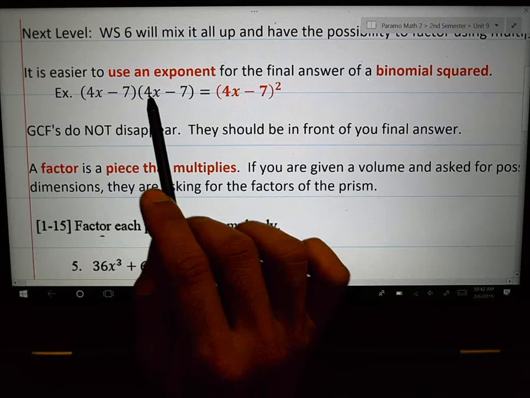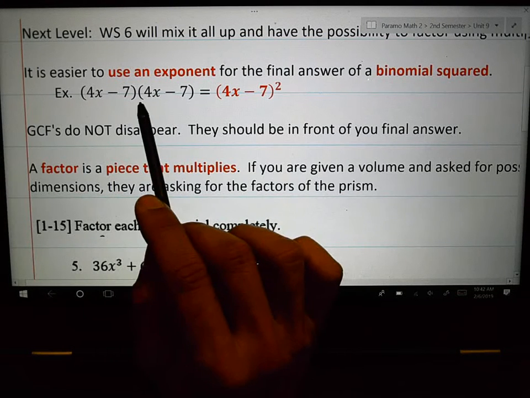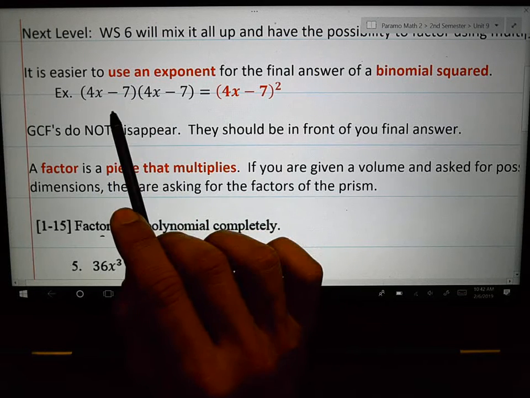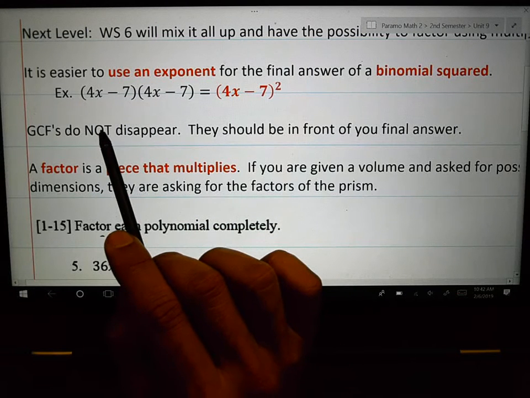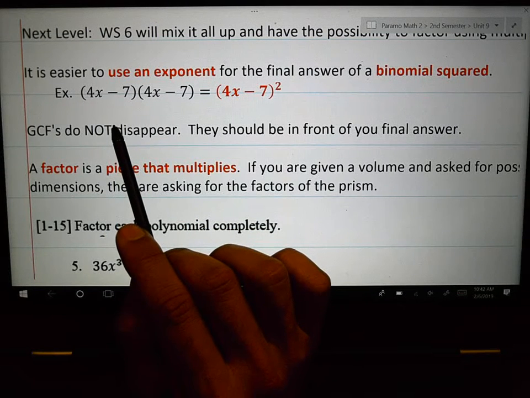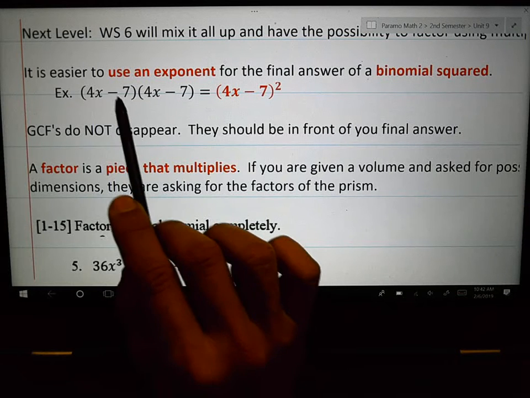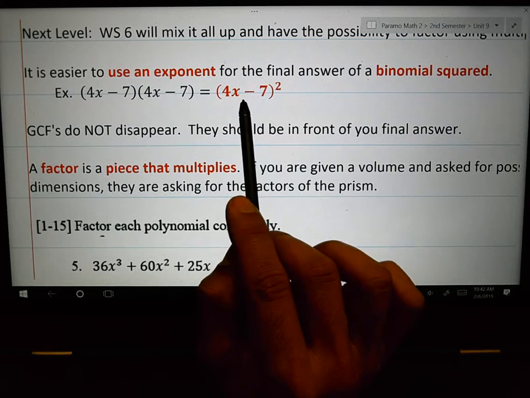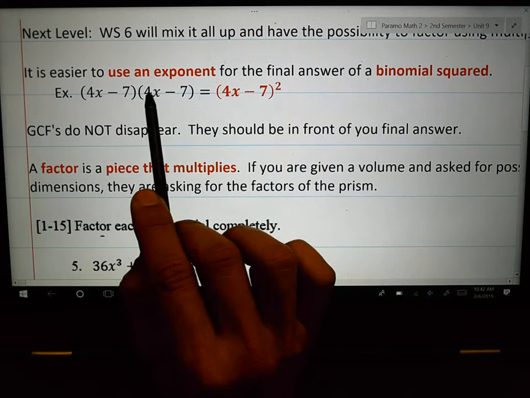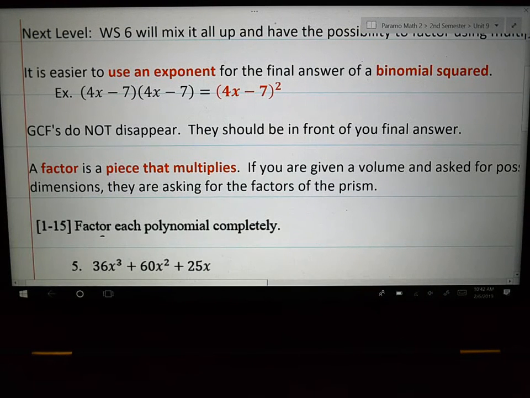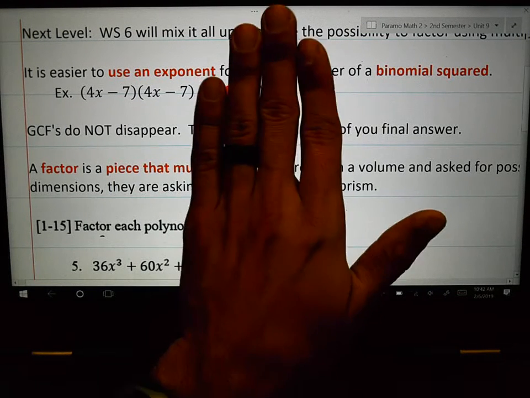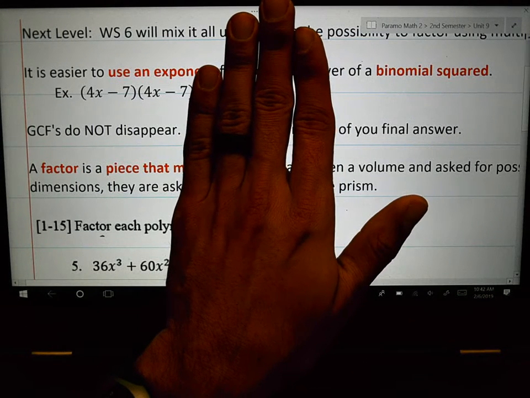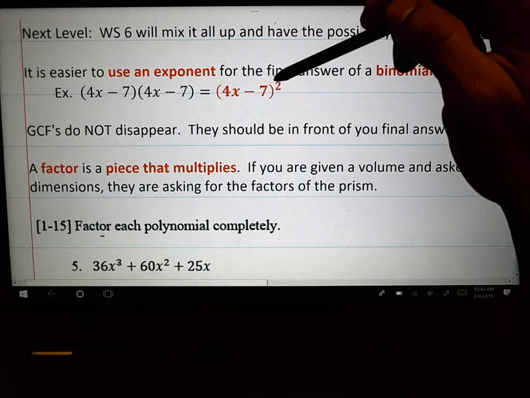If you factor something and you get 4x minus 7 times 4x minus 7, then what I want you to know is that on any multiple choice test, on any SBAC, SAT, ACT that you take, the answer will always be written this way, where you put both things together with an exponent outside the parentheses. So if you factor and you get this, what I'm going to ask those of you that understand what I'm talking about, write your answer like this.